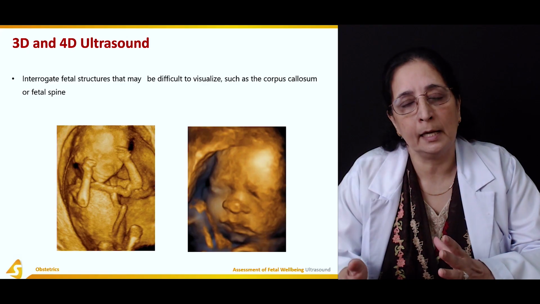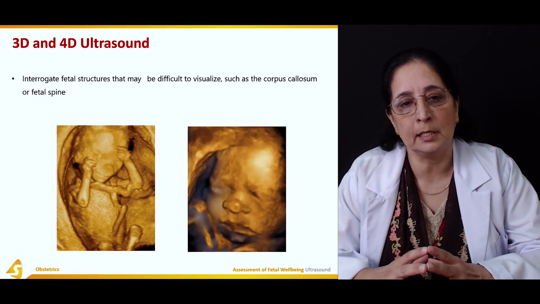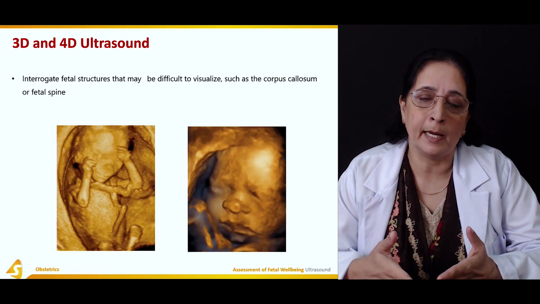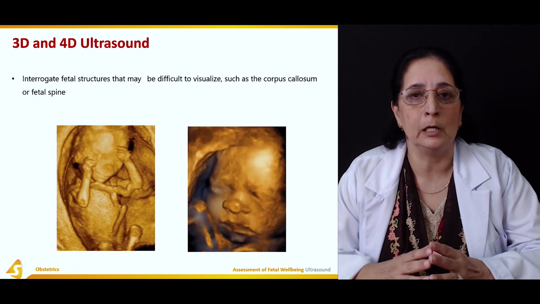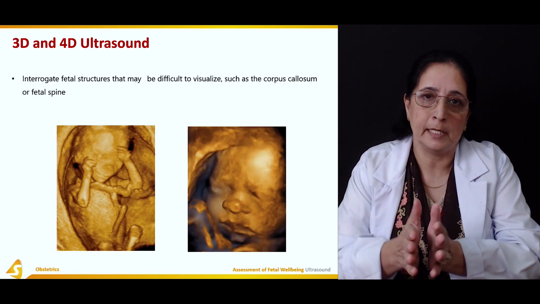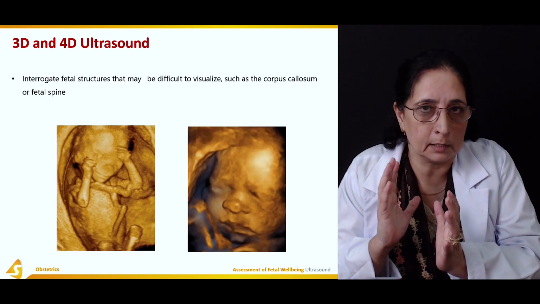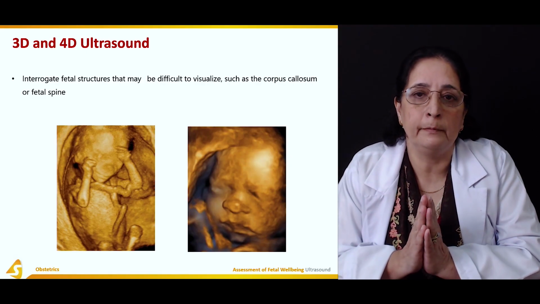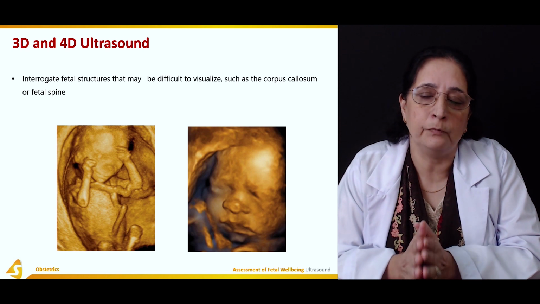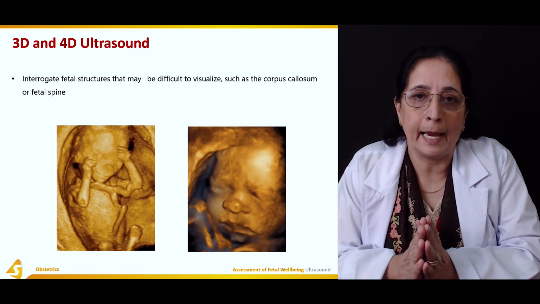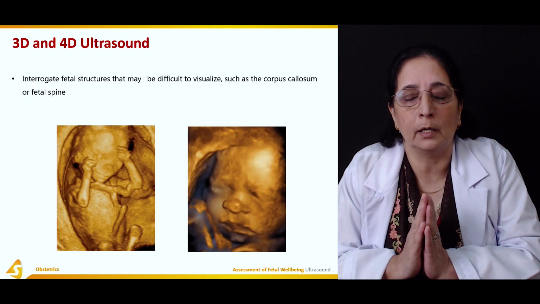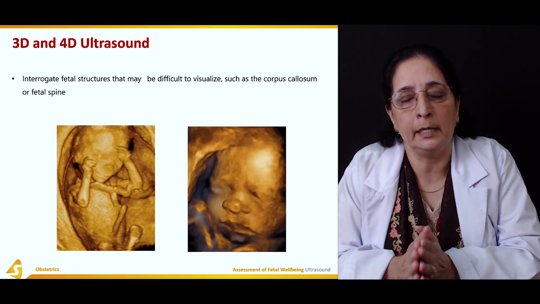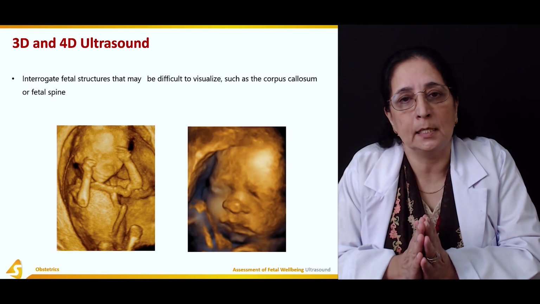But besides that, structures like the fetal spine and corpus callosum, which is the structure that connects the two cortices, can only be assessed with 3D and 4D ultrasounds to rule out any abnormalities in the spine and corpus callosum.